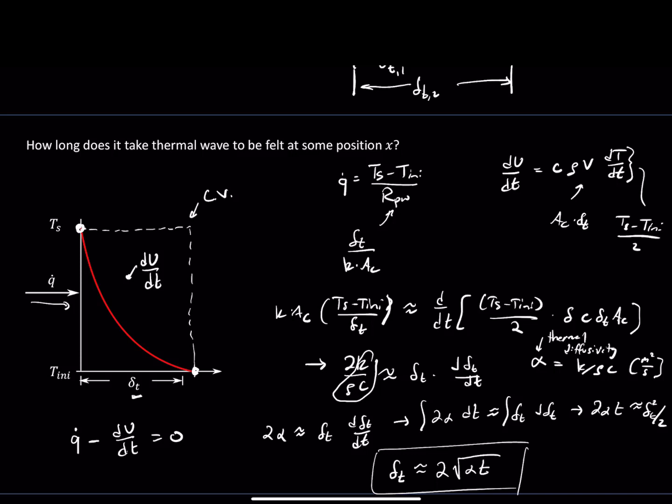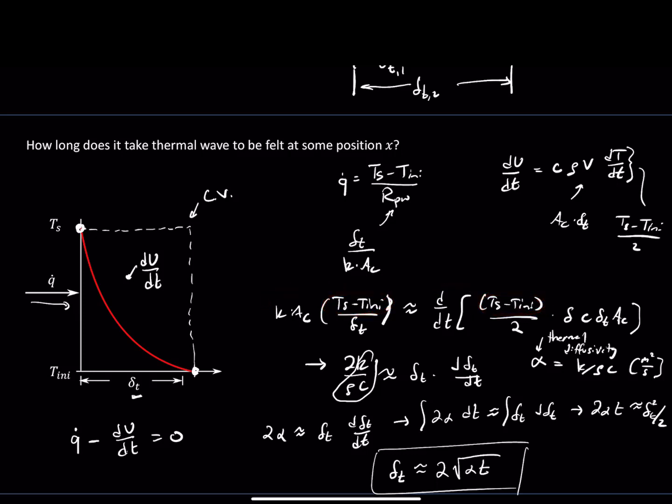One interesting thing to note here: when we were back up in this equation, we had on both sides of the equation Ts minus T initial. We could pull that out because Ts is constant, we're holding that constant, and T initial is a constant, so you can cancel it out.